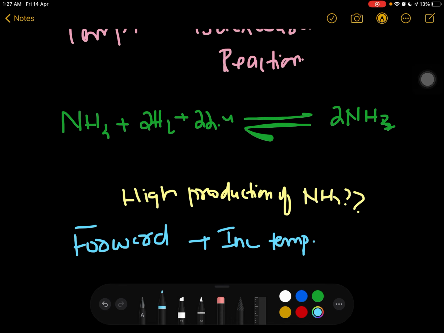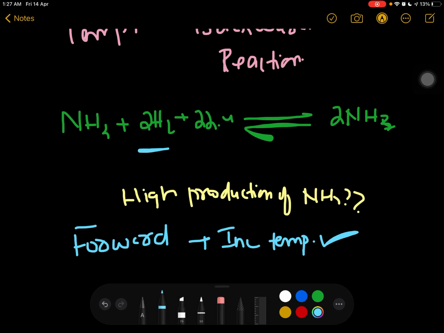If I increase the temperature, the reaction will move towards where there is absorption of heat, so the increase in temperature will be the correct answer.